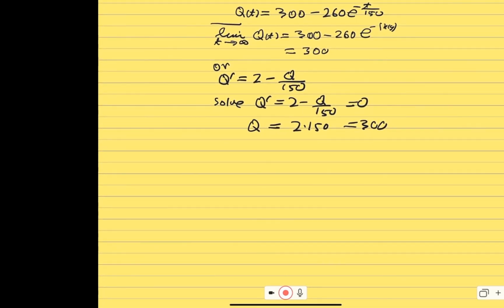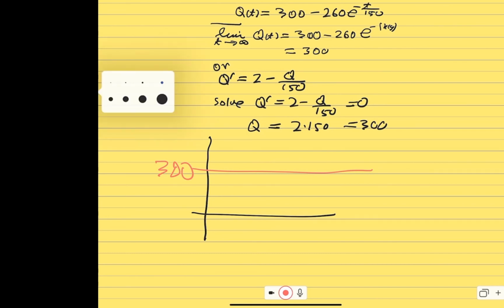And if we draw how that looks, if we go with 300, and if we're above 300, this term's going to dominate and it's going to be negative. So if we're above 300, things are decreasing.